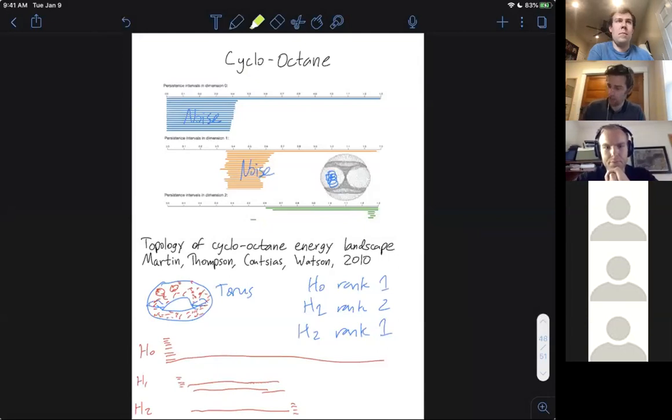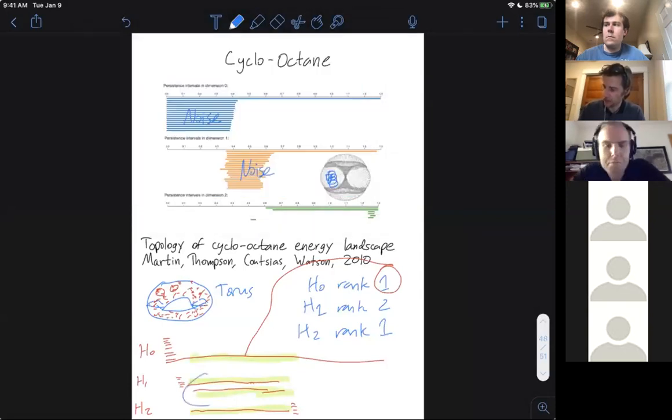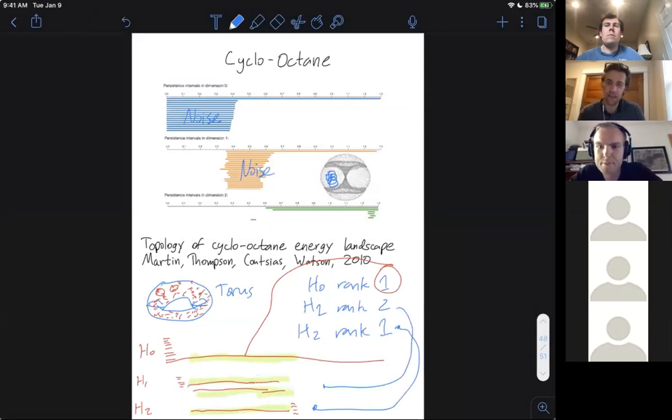But if you get barcodes like this, you'd say, early on I had these noisy features, artifacts of my sampling, but I might guess that I was sampling from an underlying manifold that had one connected component, these two one-dimensional holes, and the single two-dimensional hole. So it's sort of a guessing game.